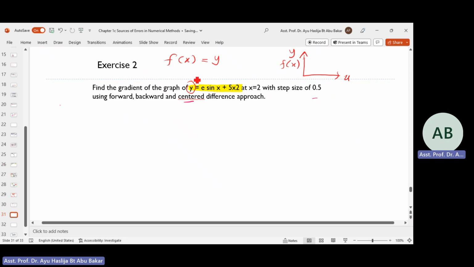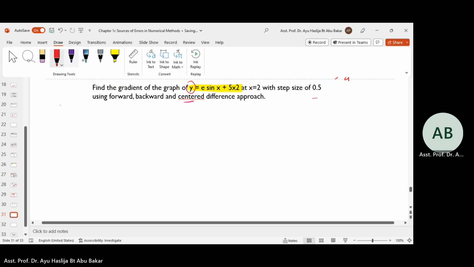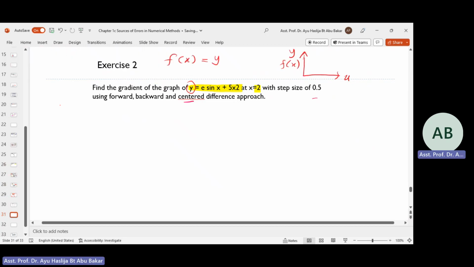Now it gives you this function: e to the power sine x plus 5x power 2. Starting with x equals 2, step size 0.5. Step size here is the h.